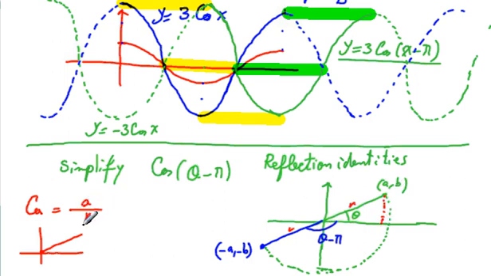A over R. Now, for cosine of theta minus pi, what is the adjacent of that one? Yes, cosine of theta minus pi would have been minus A over R, which is just minus cosine of theta itself.